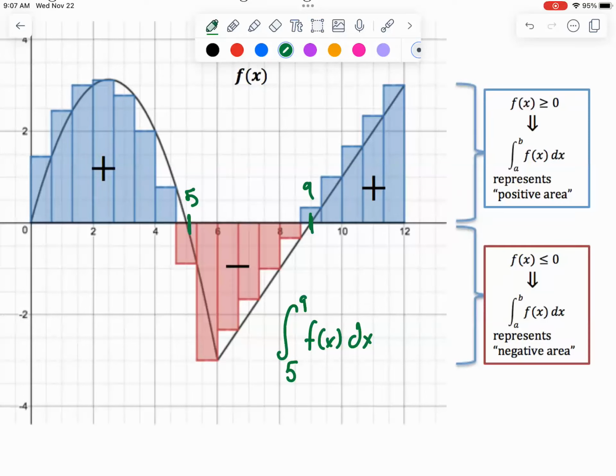If you plug that into your calculator, you will get a negative number. So if I ask you to compute that integral, your answer will be negative. But if I ask you for the area of that region, you tack on a negative sign to counterbalance it. Does that make sense? So the definite integral can be positive, it can be negative.